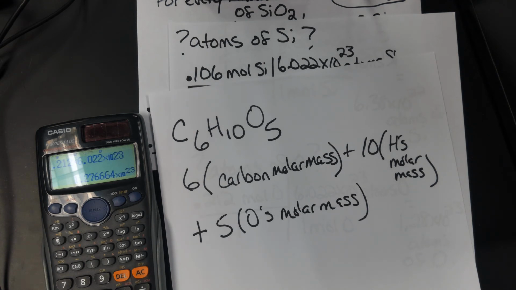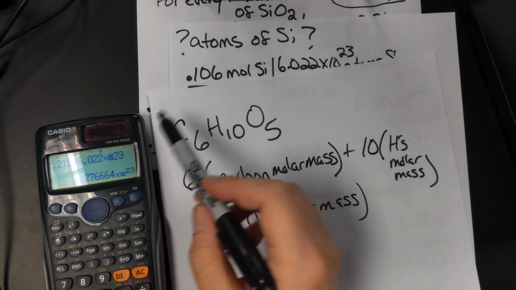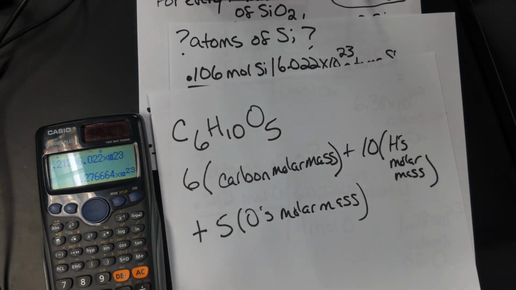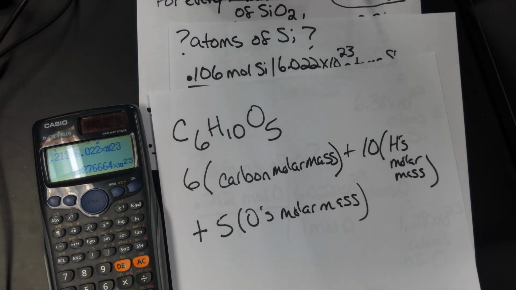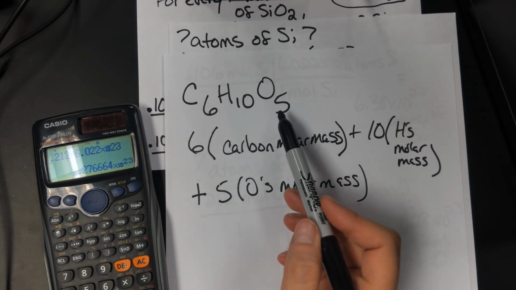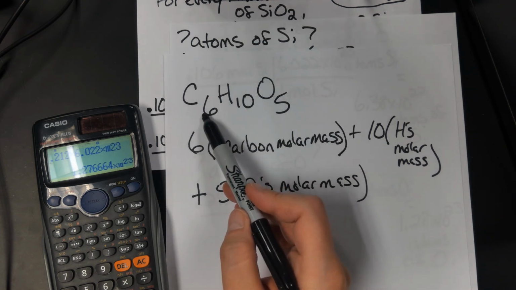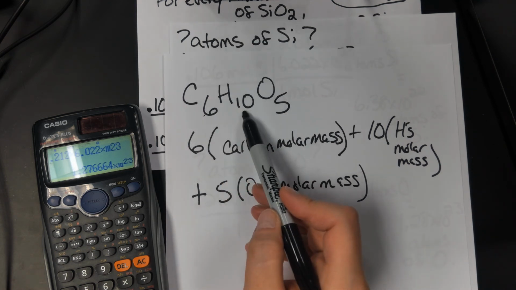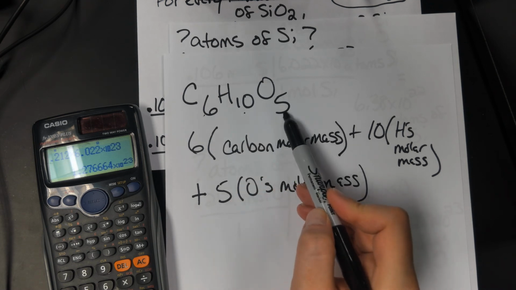And then you're going to find the total moles the same way we did it for the other two, and then the moles for each element. For every 1 mole of this, you're going to have 6 moles of carbon, 10 moles of hydrogen, and 5 moles of oxygen.